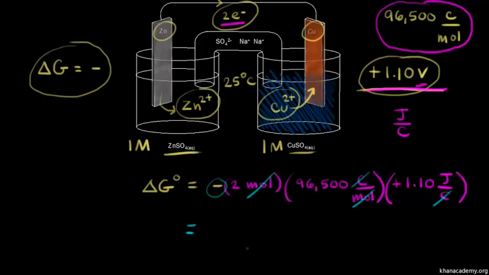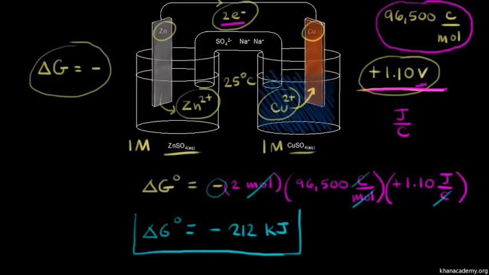Remember, we have a negative sign here, so don't forget about this negative sign. This would be negative 212 kilojoules for our value for delta G0. So the standard change in free energy for this voltaic cell is negative 212 kilojoules. And we already know, right, that when delta G is negative, that's a spontaneous reaction. So this is a spontaneous redox reaction here.